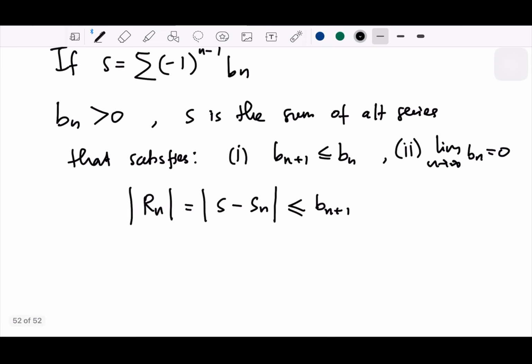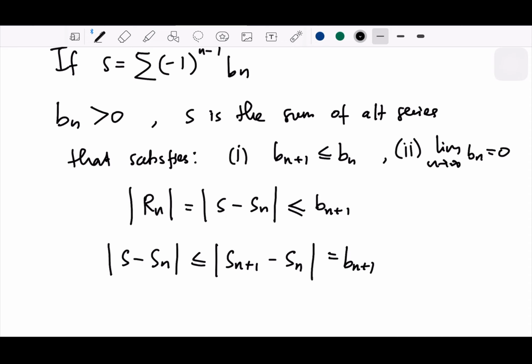And we can set the Rn, S minus Sn, to be less than Sn+1 minus Sn. This is just saying that the actual S that we are looking for is in between Sn+1 and Sn. It's in between those two.